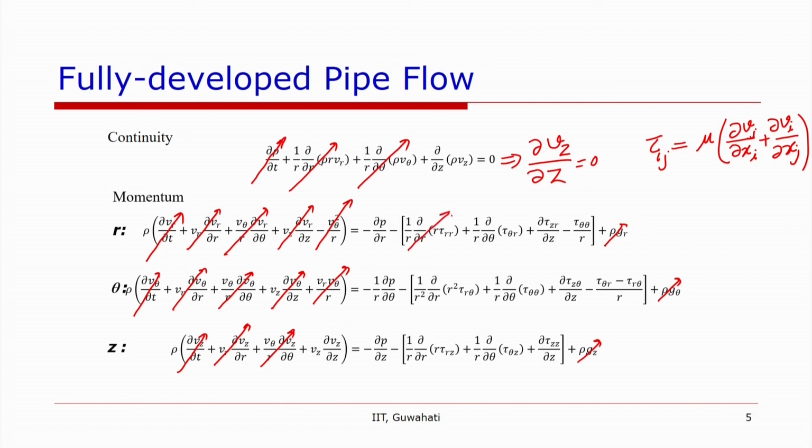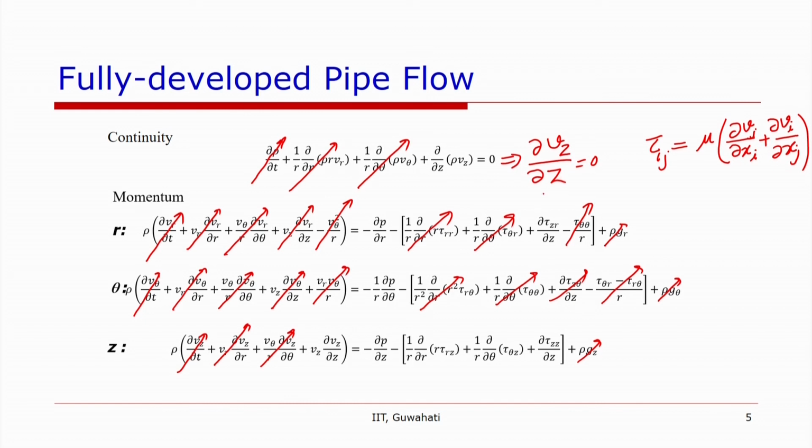So tau rr is 0, tau theta r is 0, tau theta theta is 0, tau r theta is 0, this is 0, this is 0, this is also 0, tau zz is 0 because it will have del Vz over del z.